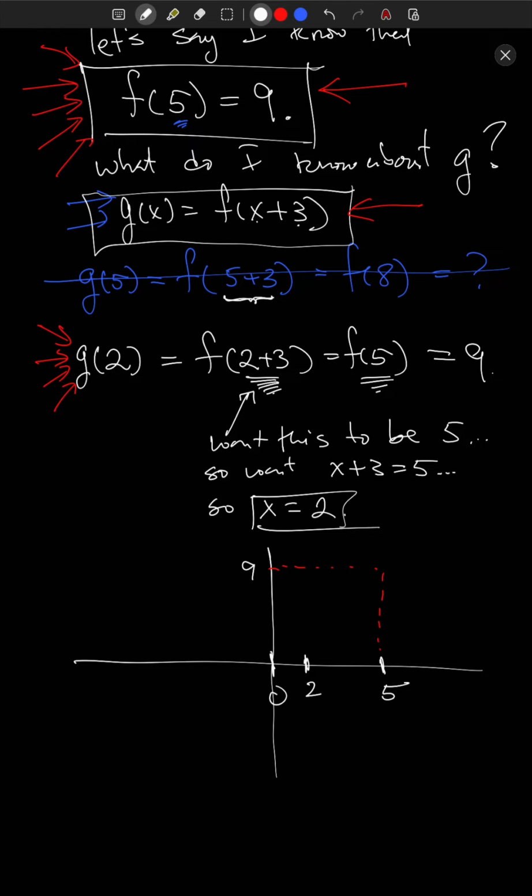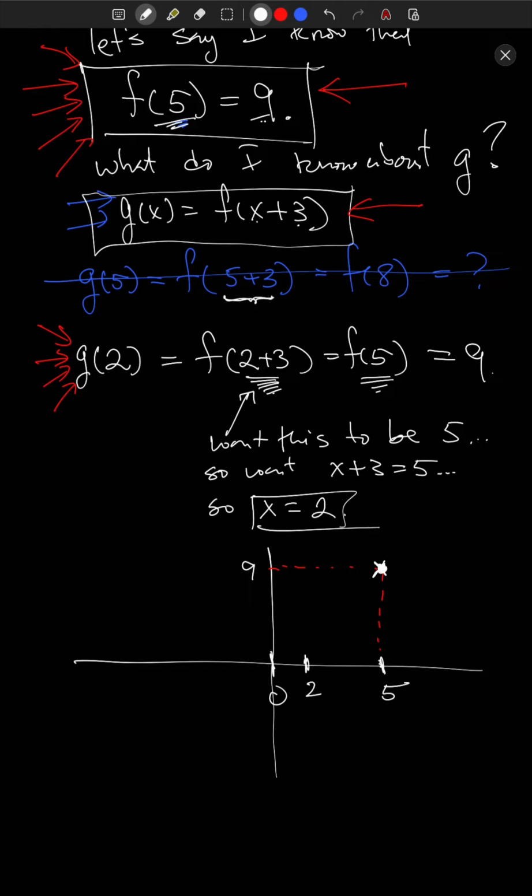Whatever the graph of f happens to be, it's going to have to pass through that point right there. So for example, maybe the graph of f looks like that. That makes sense because the input, you go up here, hit the graph, you go there, you get 9. However, the graph of f cannot look like that because that would mean f of 5 is something bigger than 9. So the graph of f has to pass through that point right there.